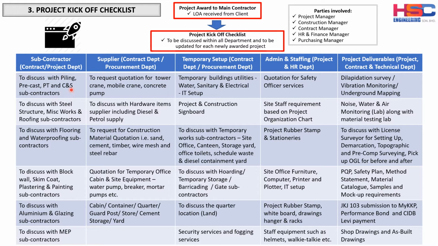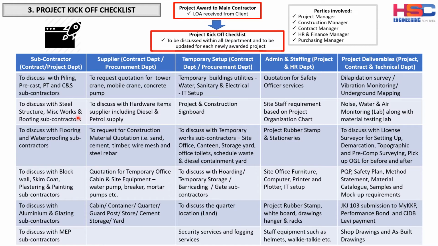So this needs to be identified during this meeting, to briefly identify what are the items that need to be subcontracted. Another example that can be discussed is if this project needs a steel structure, and who are the subcontractors that are required. So this is miscellaneous work and the roofing work also. These are normally the trades that need to be subcontracted.